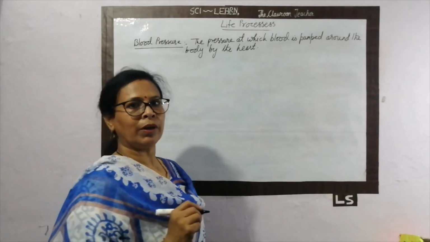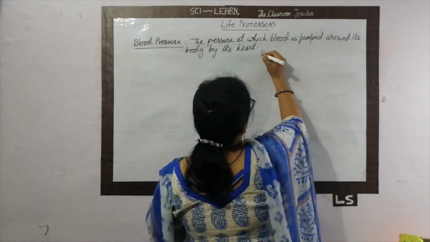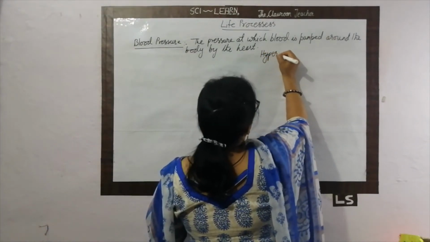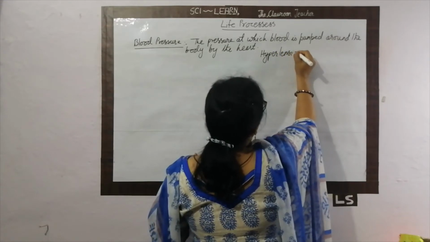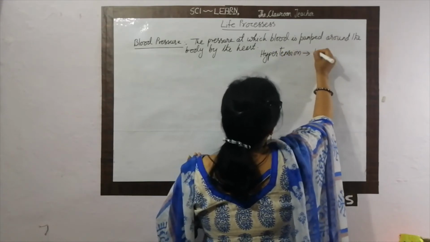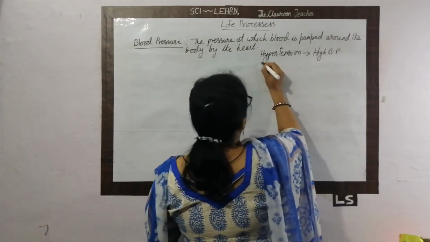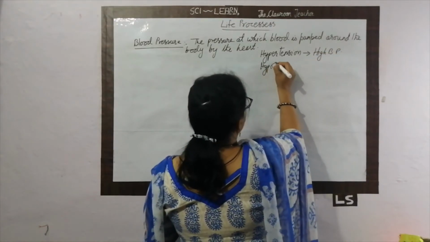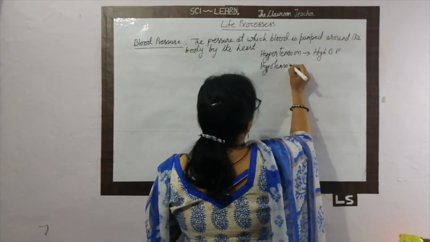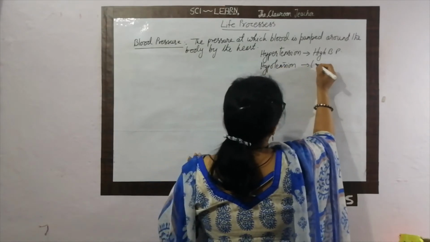Now there are two types of abnormal blood pressure. One is called hypertension, commonly called high blood pressure, or hypotension, which we call low blood pressure.